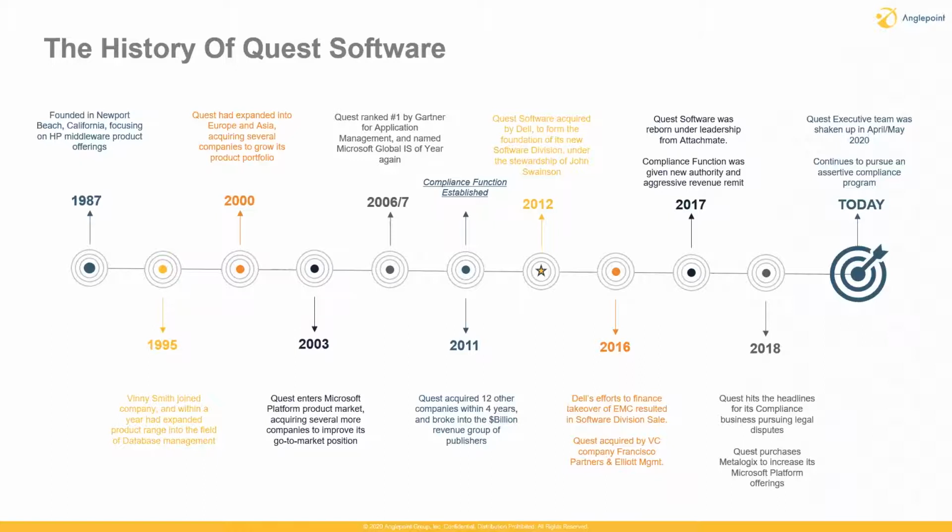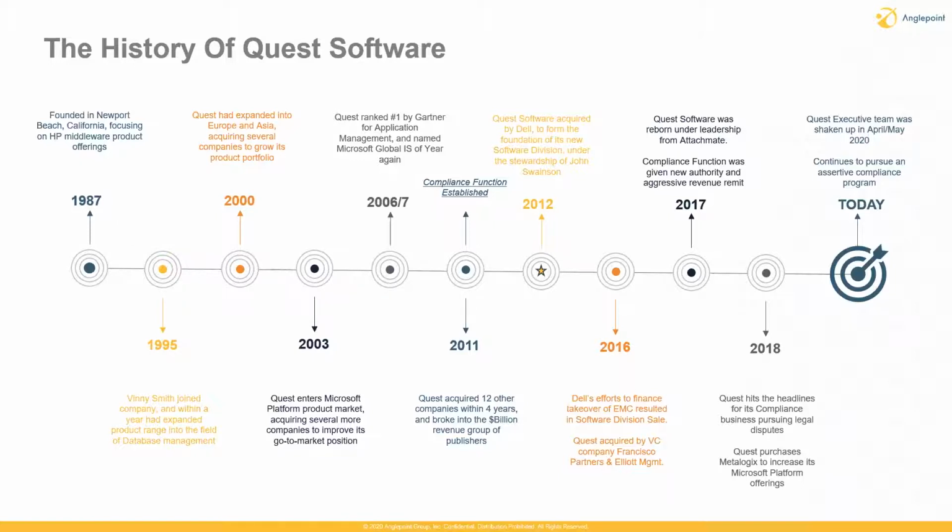However, that approach and methodology for Quest changed pretty fundamentally at the end of 2016 and starting 2017, when the Quest business was sold off by Dell as it was restructuring itself as it looked to take over EMC.